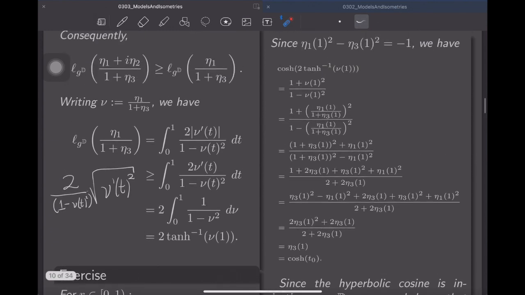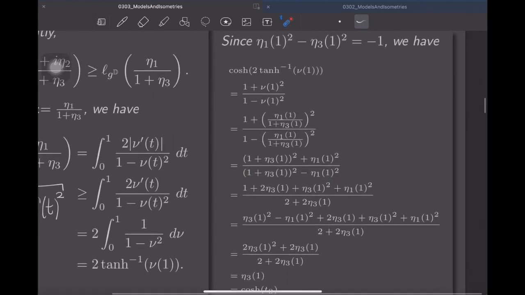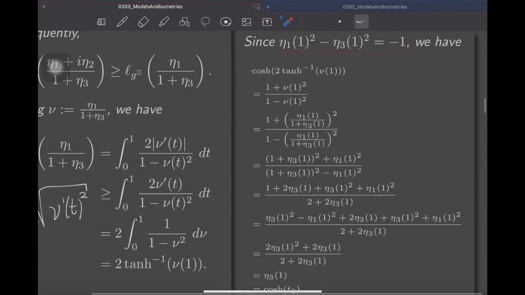here, what do I get? So for instance, here in the denominator, I have 1 plus 2 times eta 3 of 1 plus eta 3 of 1 square minus eta 1 of 1 square. So I use this one, right? So kind of the eta 3 square minus eta 1 square becomes 1.